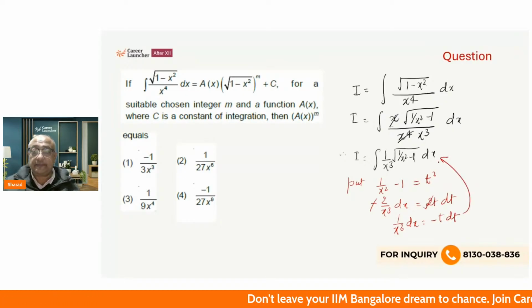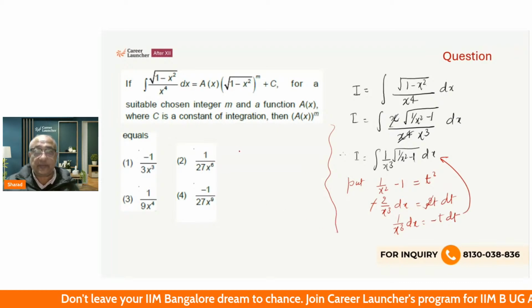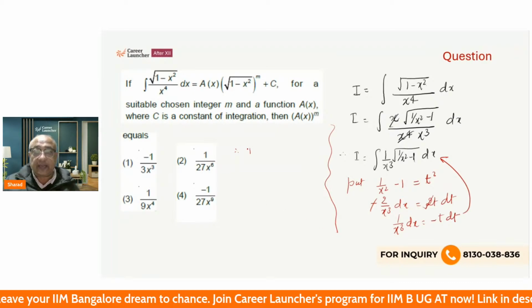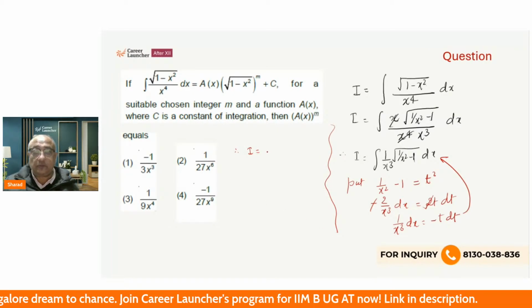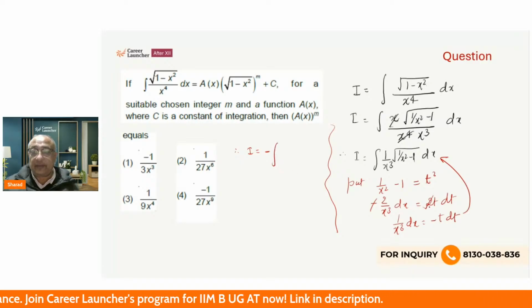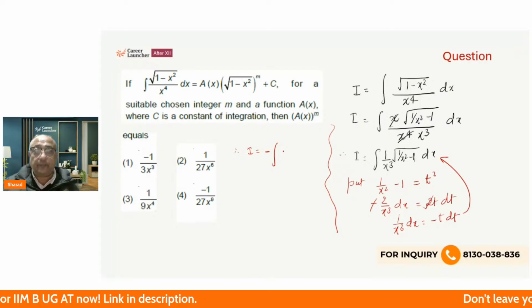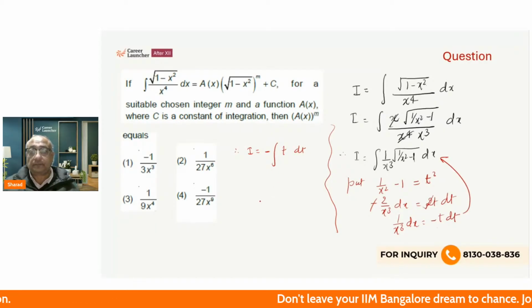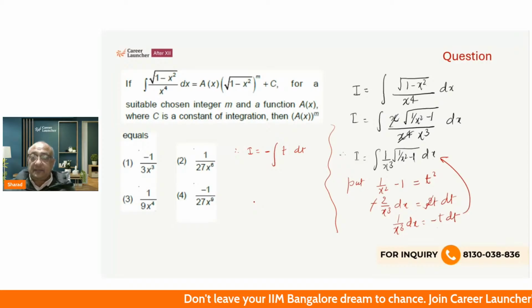This I'll place here. What will I get as a result? Let me use the space. So I'll get I is equal to minus, from where minus has come from here. In place of dx upon x cube, I'll put t dt. Correct?